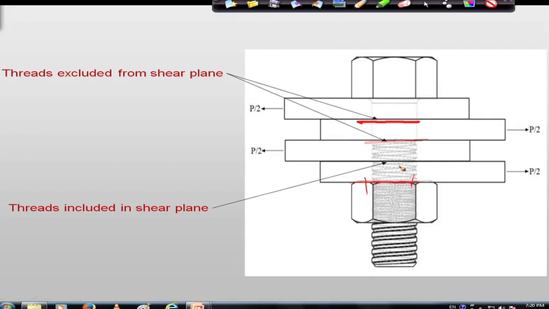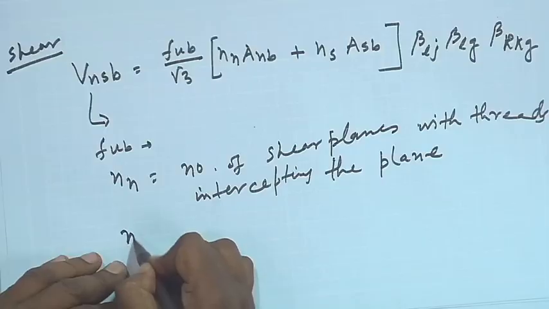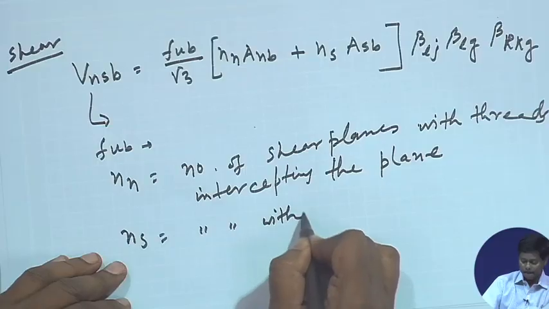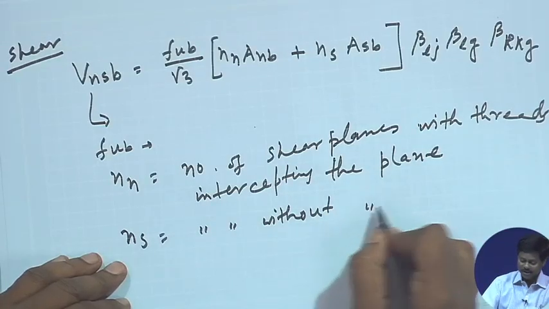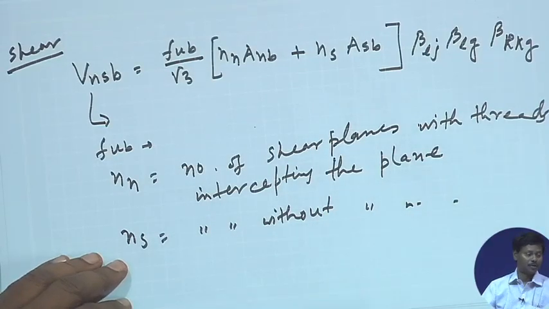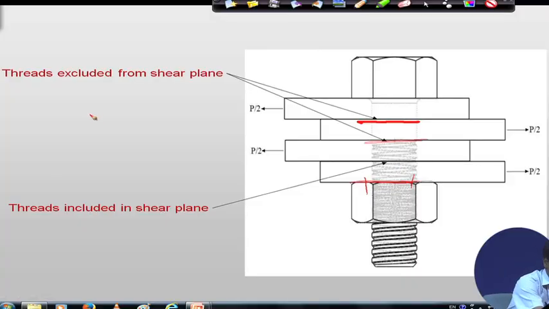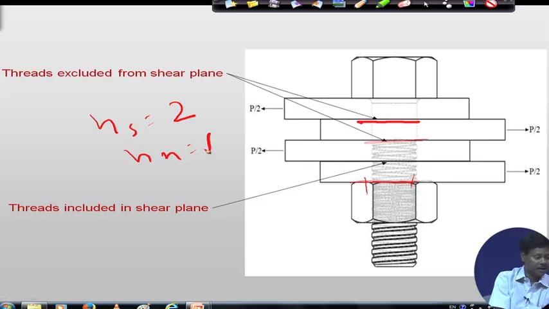So, n_n will be the number of planes with threads intercepting the plane, and similarly n_s will be the number of shear planes without threads intercepting. So, in this case n_s will be 2 and n_n will be 1, and accordingly we have to find out the A_nb and A_sb.